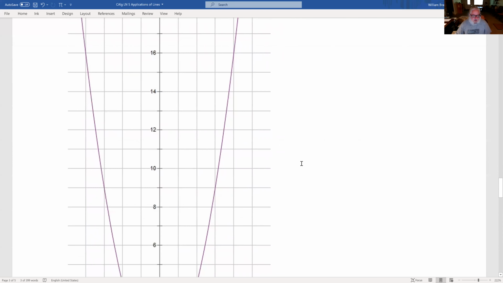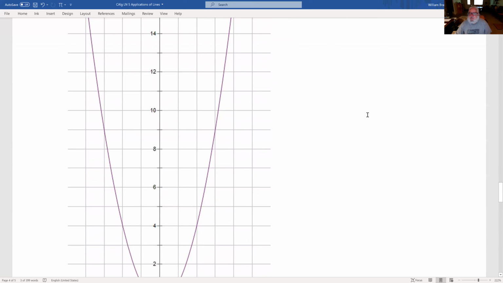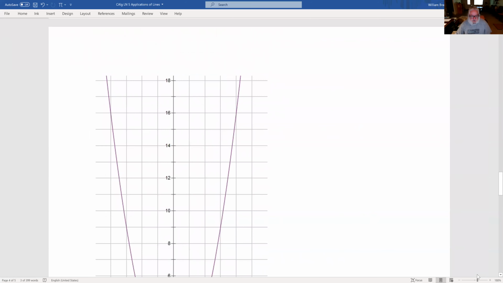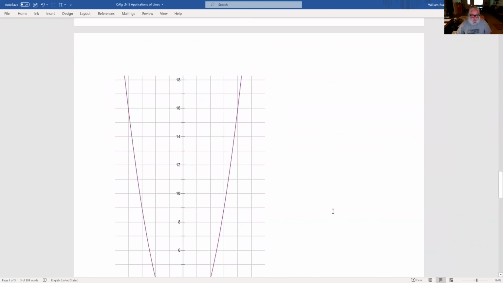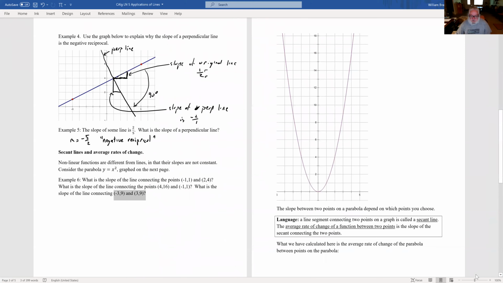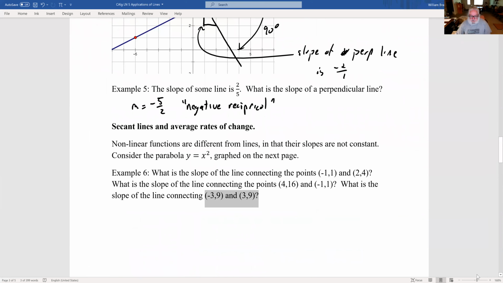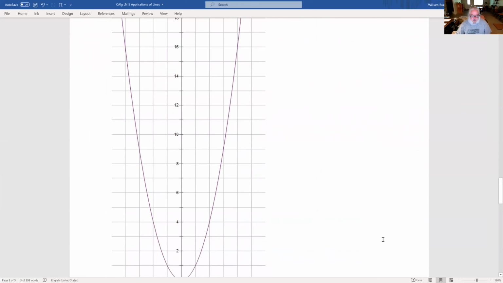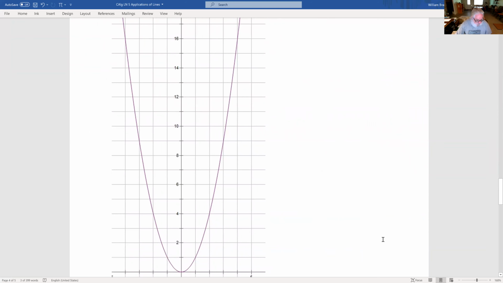Whoa, that's a little bit too big. So we're going to zoom in a little bit so we can see our picture. Okay, good enough.